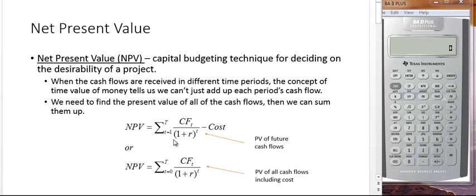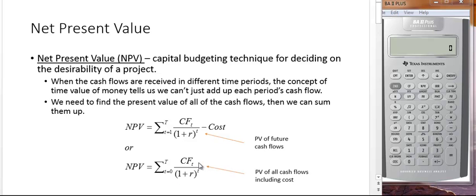So this formulation basically starts with the cash flows you're receiving from the project and then subtracts out the cost. Sometimes you'll see the equation written this way, and the only difference is that we begin at t equals 0. Time period 0 is generally assumed to be the time or the cost of the project.